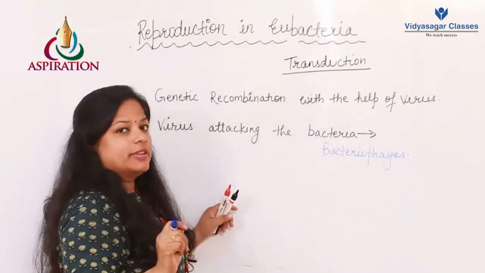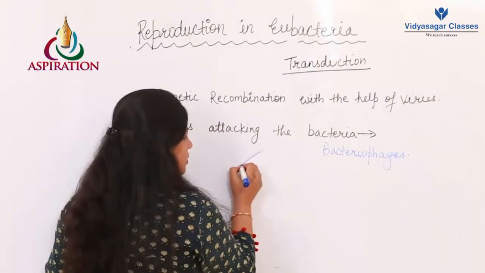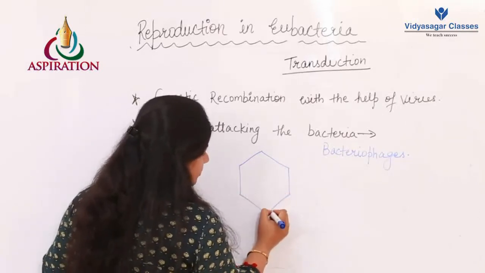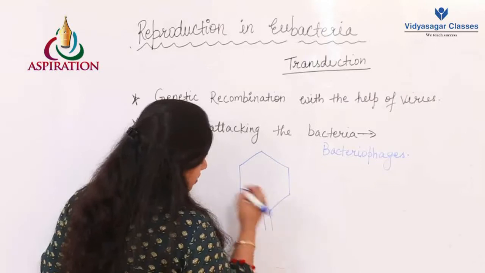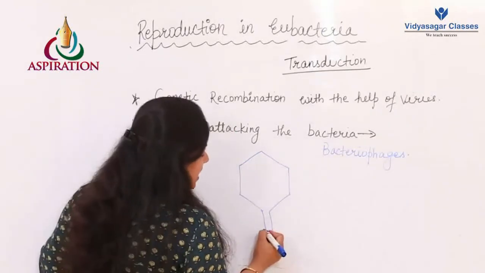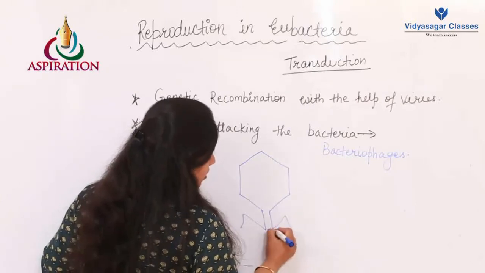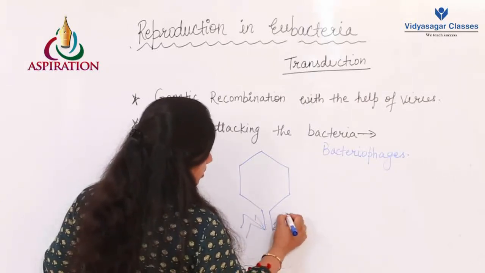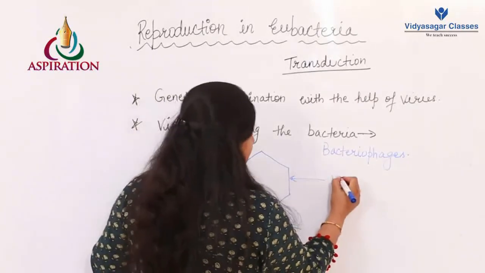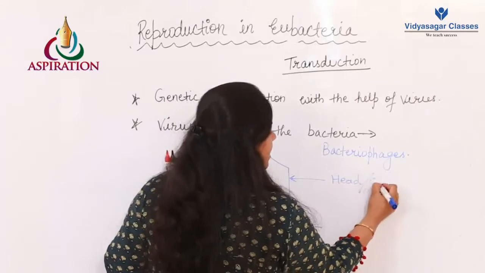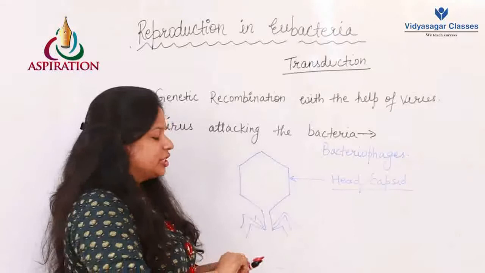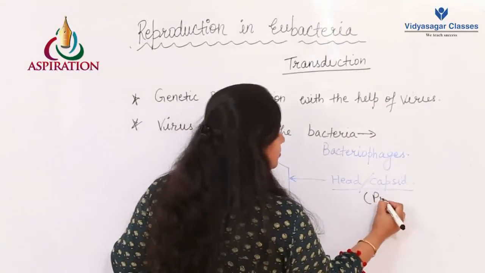Let's see the structure of the bacteriophage. It is made up of protein and nucleic acid, that is double-stranded DNA. This structure is known as the head or capsid, which is made up of protein.